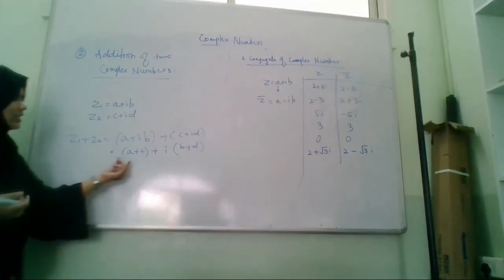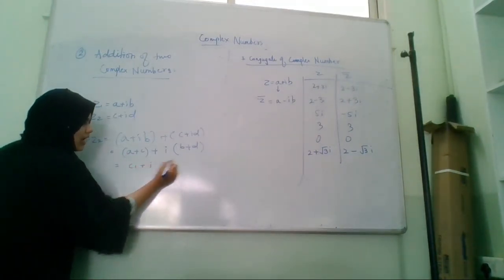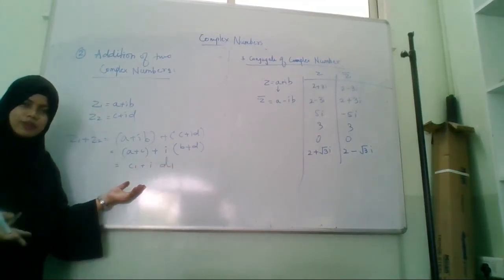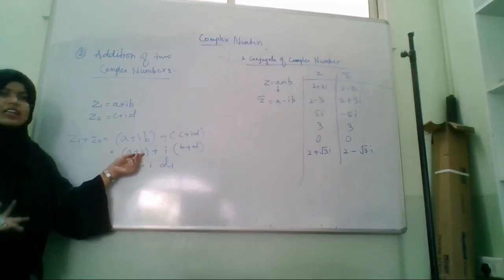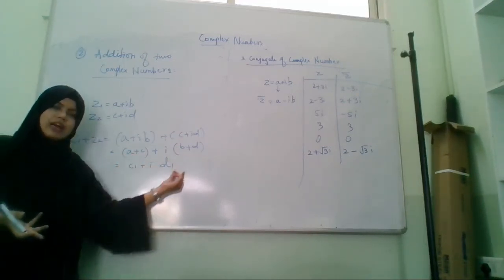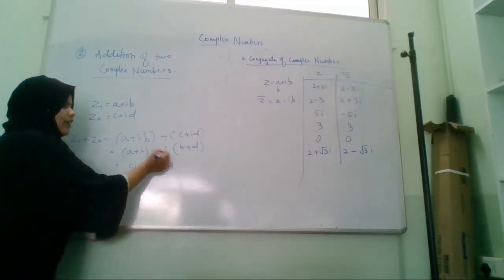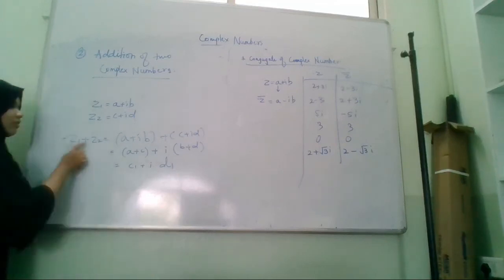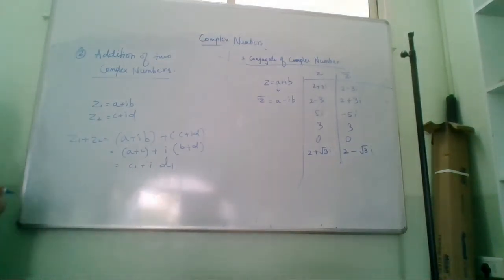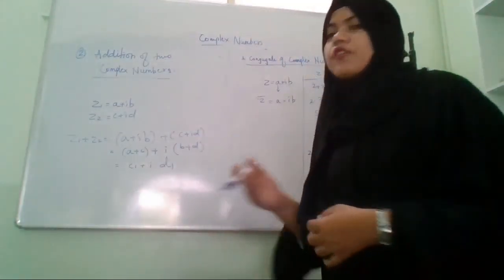Suppose this will be some c1 plus i into d1. This is of the complex number form. Since a and c are real numbers, the addition will be a real number again, and b plus d will also be a real number. So we have named those c1 and d1, and we have taken i common. So Z1 plus Z2 is of the form c1 plus i into d1. So this is also a complex number. So this is the addition of two complex numbers.